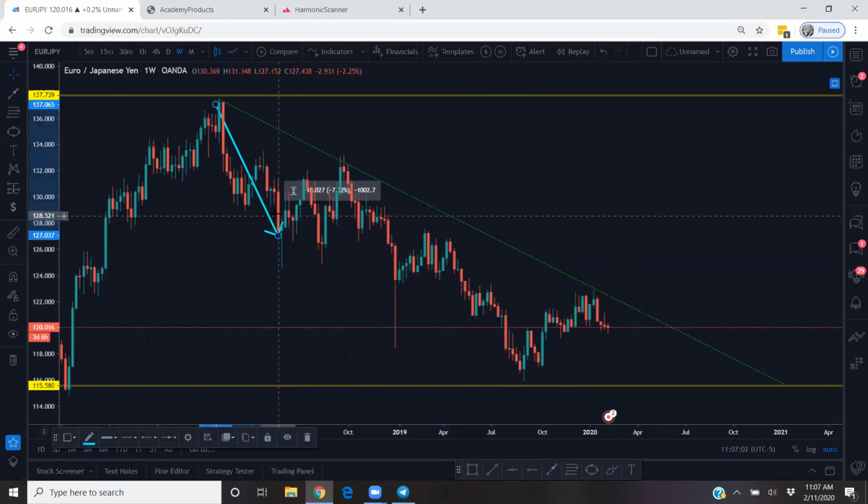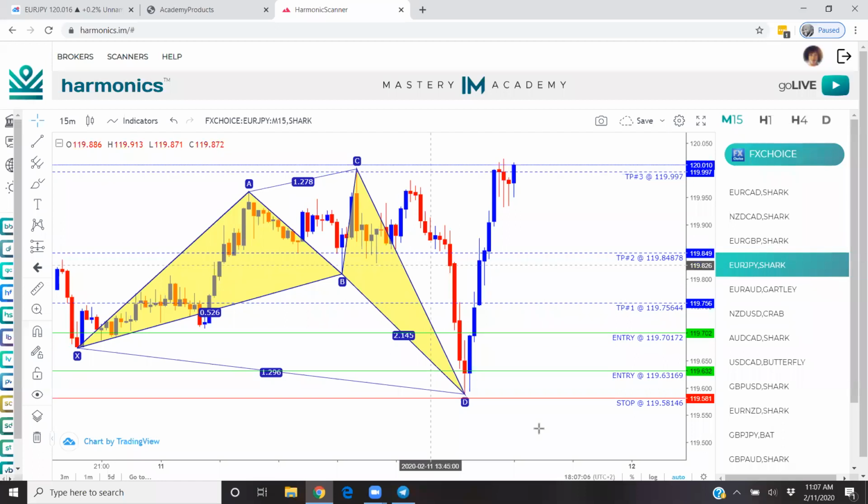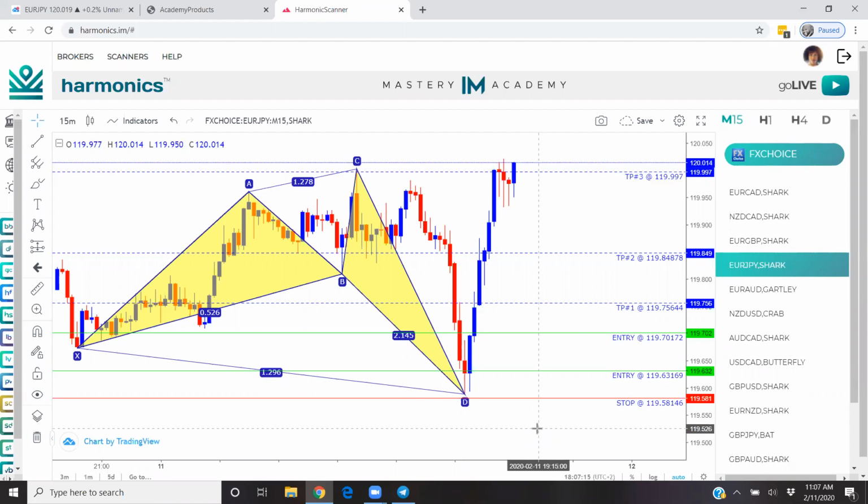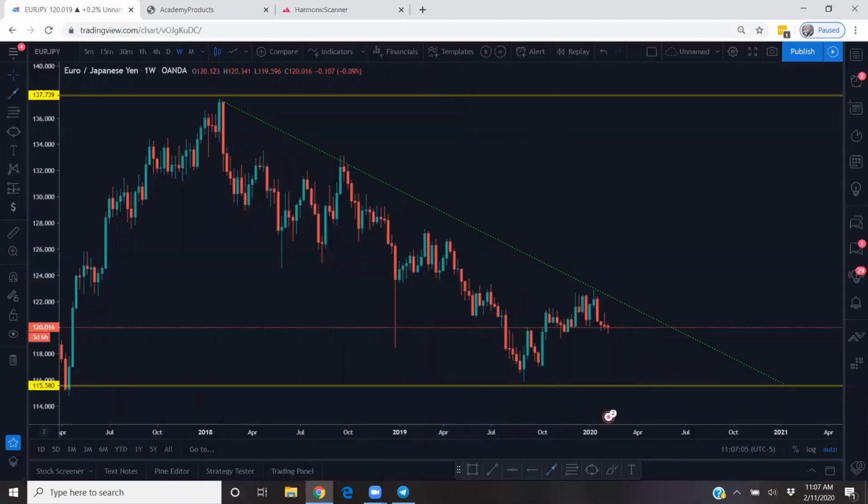Now I am going to go back to the scanner and mark off that zone that they were calling. And let me do that in a different color.